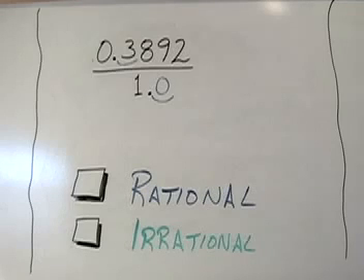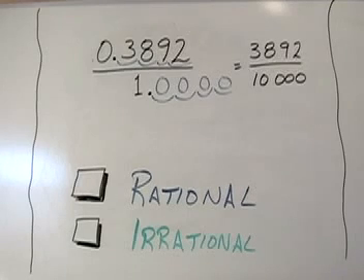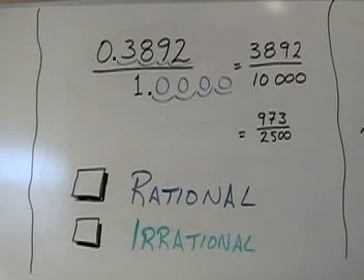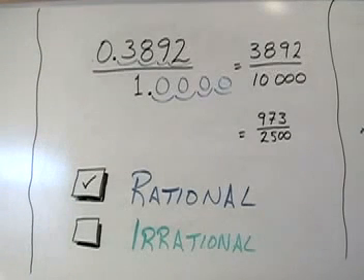As we move the decimal in the numerator, we're moving the decimal in the denominator and adding zeros until we get to the end. Now we have 3,892 over 10,000. It's not a great fraction. We can reduce it. This simplifies to 973 over 2,500, but either way it's a fraction, so it's rational.